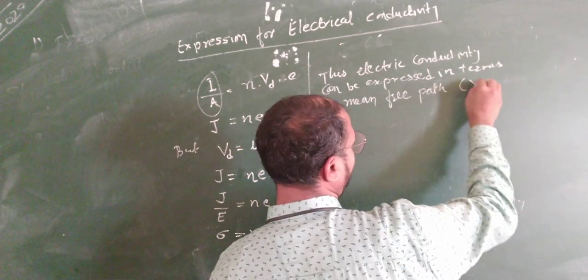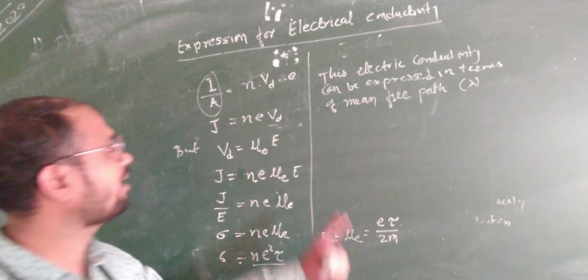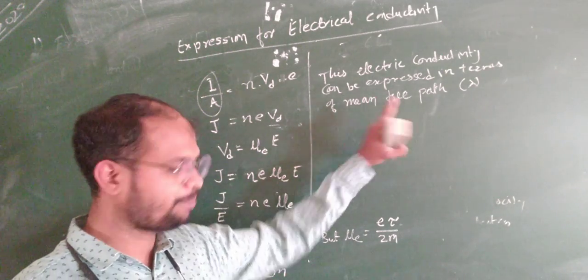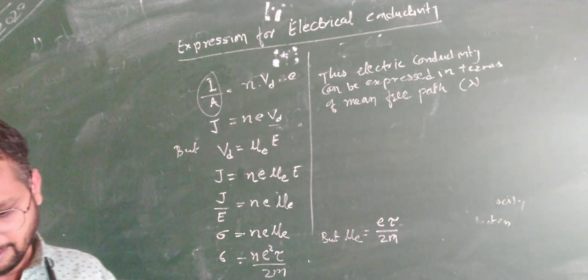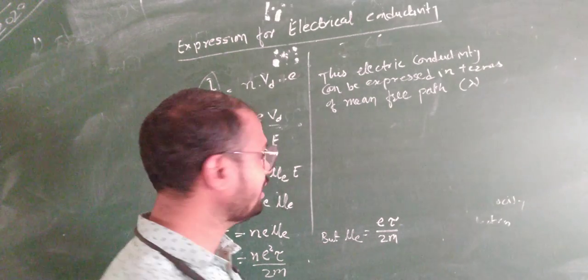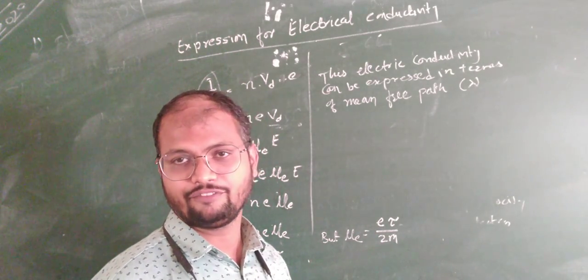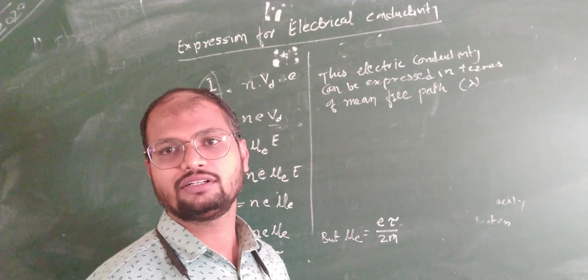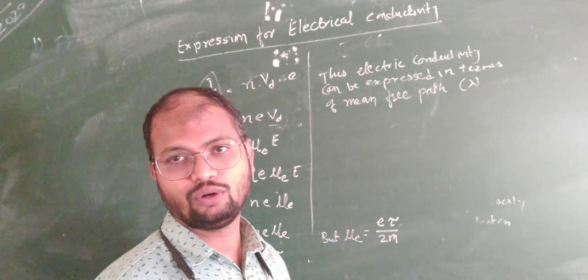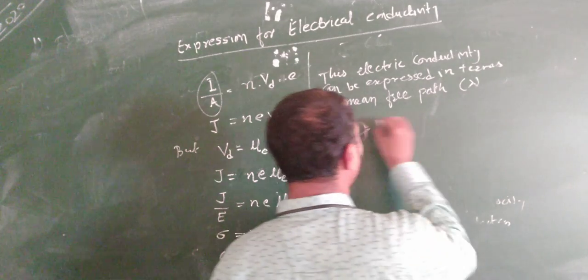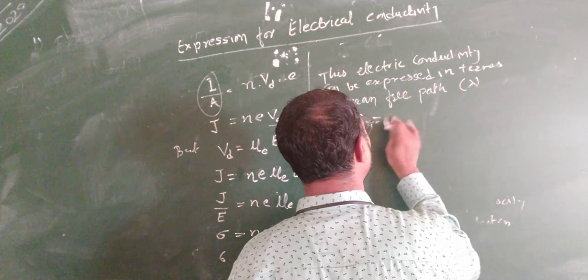So we express the conductivity in terms of the mean free path. What is the formula of the mean free path? That is the average thermal speed v into the time between two successive collisions, tau. So lambda is equal to small v into tau.